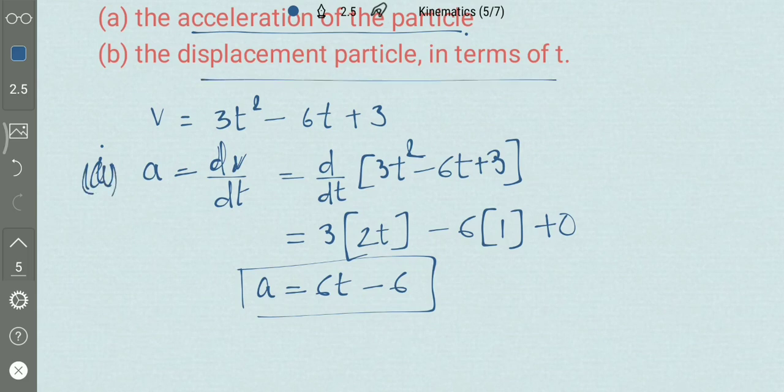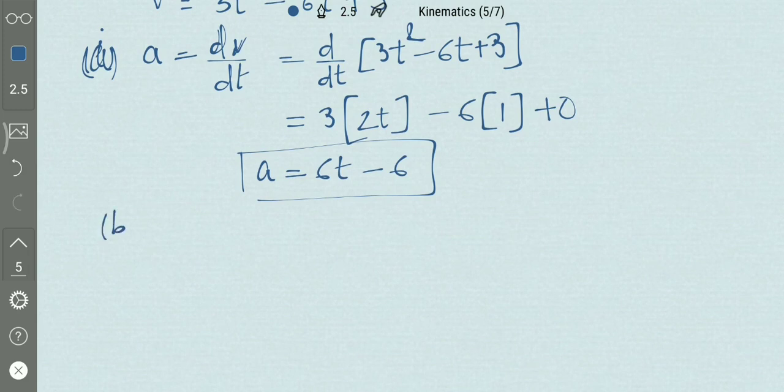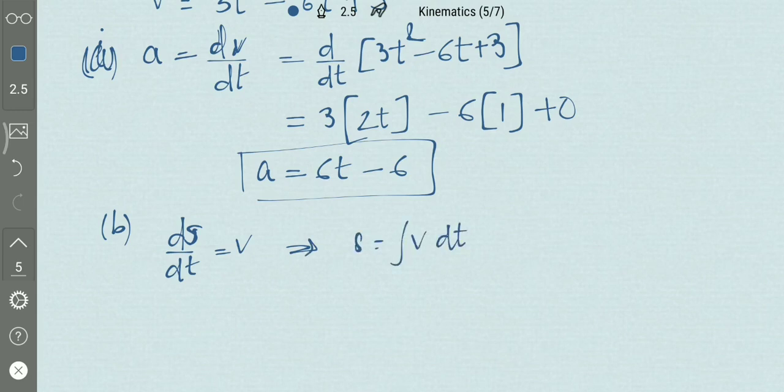And what is b? The displacement of the particle in terms of t. Displacement. The rate of change of displacement is velocity, right? So displacement can be given as the integration of velocity in terms of t. So displacement is the integration of 3t² − 6t + 3 dt.